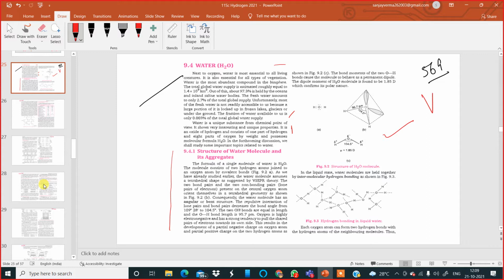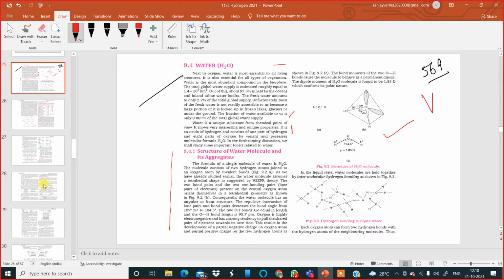The repulsive interaction of lone pairs and bond pairs decreases the bond angle from 109 degrees 28 minutes to finally 104.5 degrees. The two OH bonds are equal in length and the OH bond length is 95.7 picometer. Oxygen is highly electronegative and has a strong tendency to pull the shared pair of electrons towards its own side.